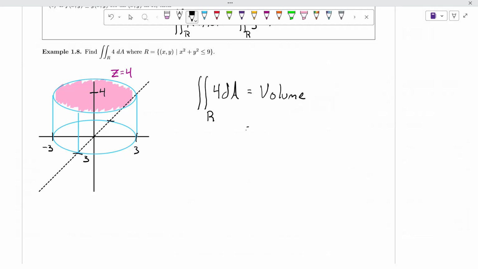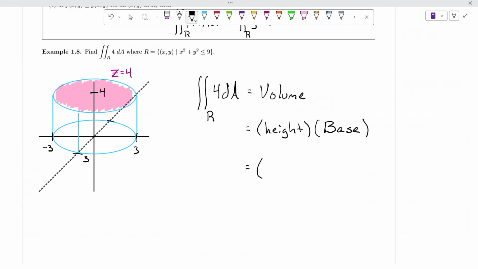And our particular volume should be the height of our cylinder multiplied by the base of our cylinder. And here I'm going to write base with a capital B to indicate that the base is an area instead of just a length.